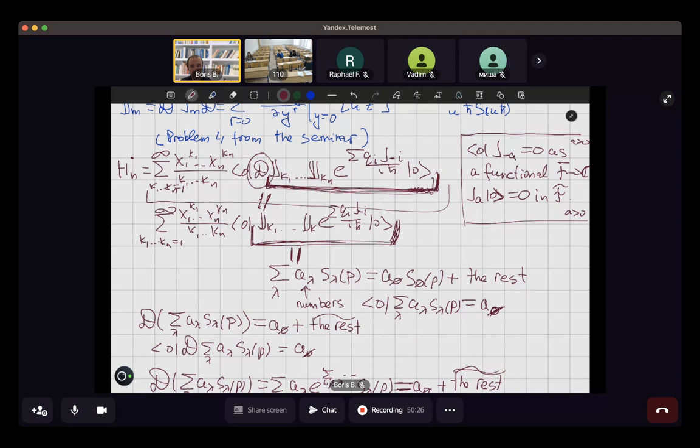Надо чуть более явно это написать. Это тоже на самом деле следует из упражнения семинара.